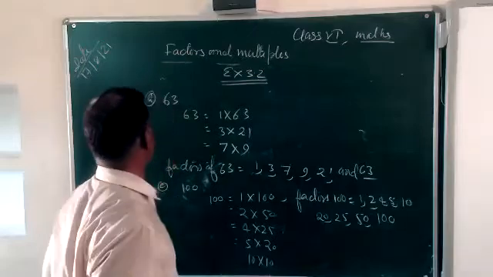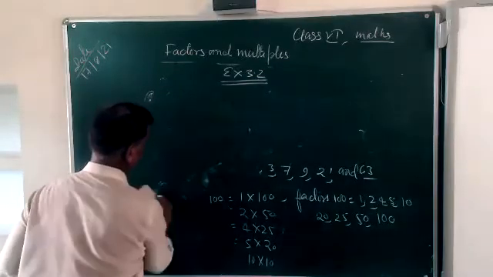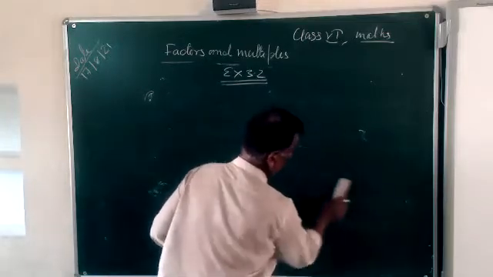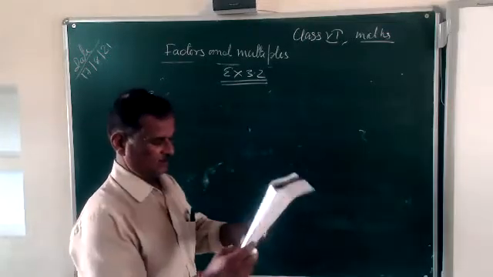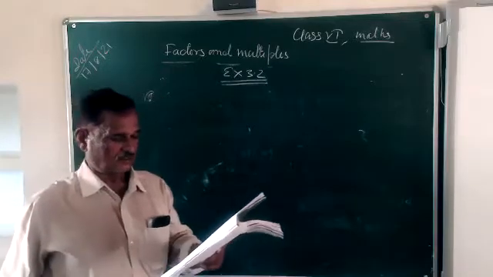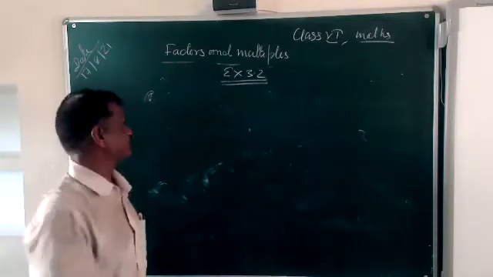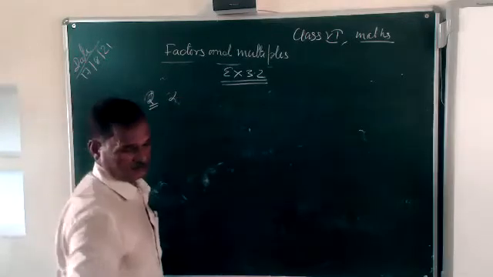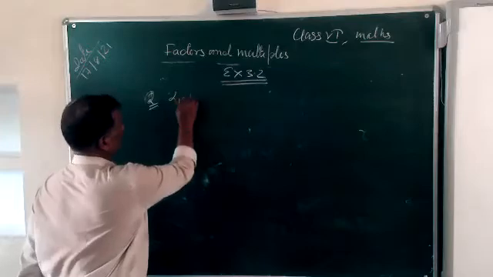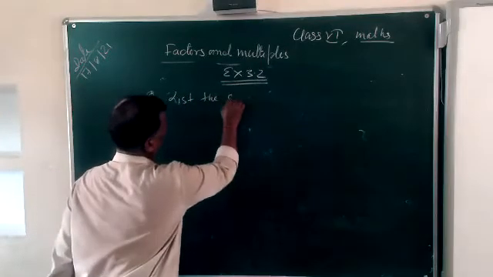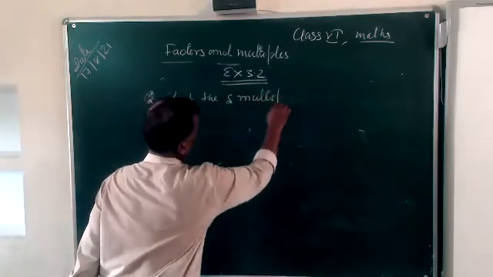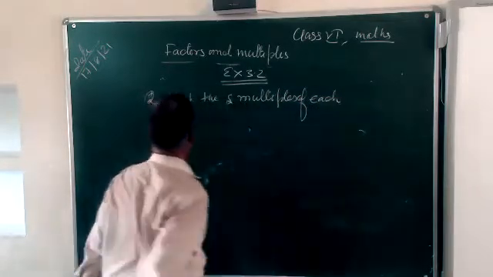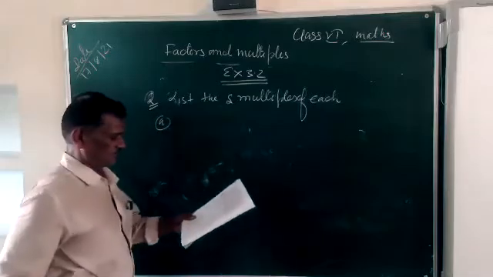Now see the next question, question number second. List the 5 multiples of each. First, A, given 5.